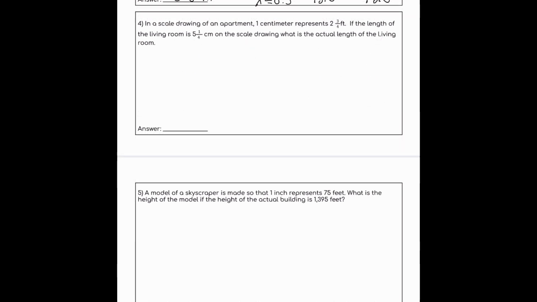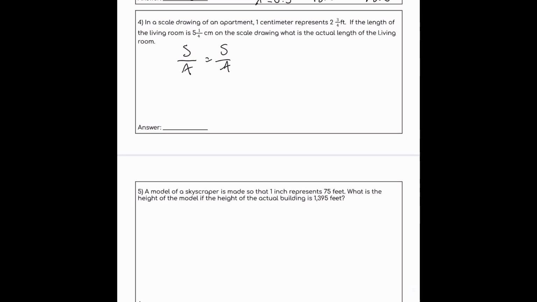So number 4, in a scale drawing of an apartment, 1 centimeter represents 2 3/4 feet. If the length of the living room is 5 1/4 centimeters on the scale drawing, what is the actual length of the living room? So again, I'm going to put my handy dandy proportion formula, which is scale over actual equals scale over actual.